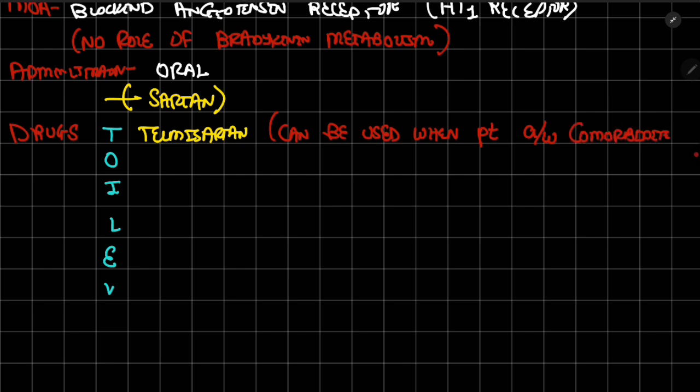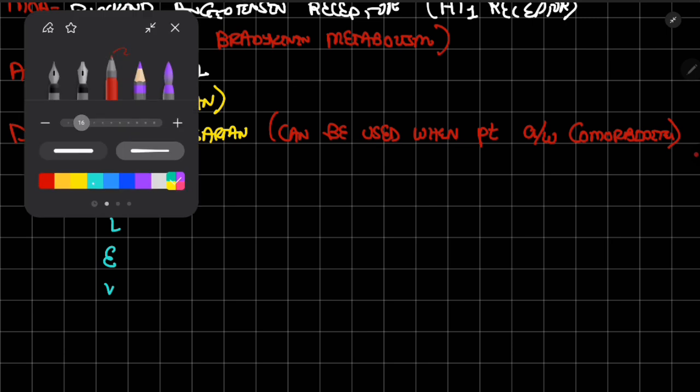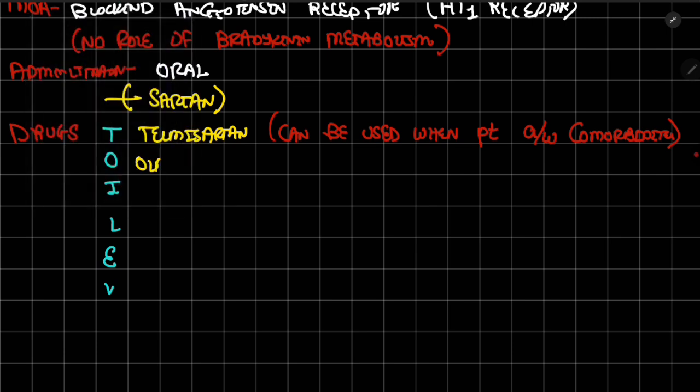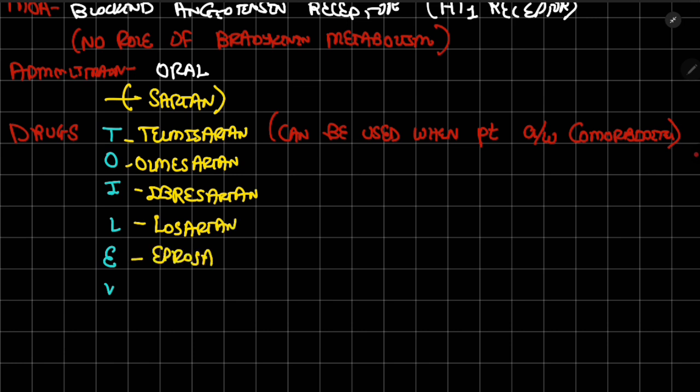For example, if the patient has diabetes and hypertension both, we can give telmisartan. We have olmesartan, irbesartan, losartan, eprosartan, and lastly valsartan.